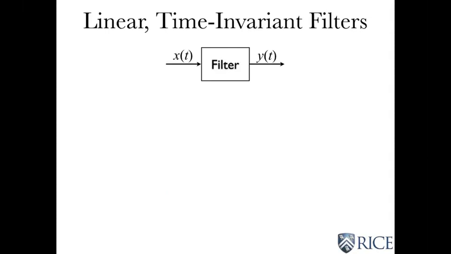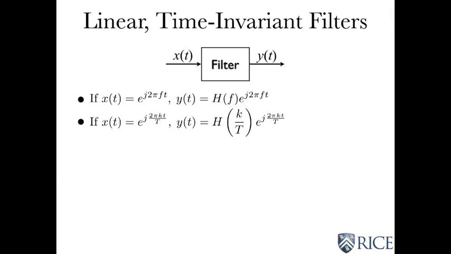We know how this works from what we've done with circuits. We know that if the signal is a complex exponential and the filter is linear and time invariant, the output is given by the transfer function times the complex exponential of the same frequency as the input. So given the transfer function, we know what the filter is going to do.